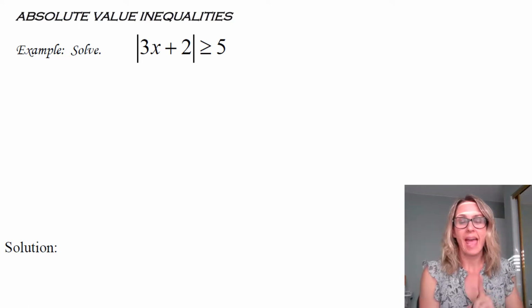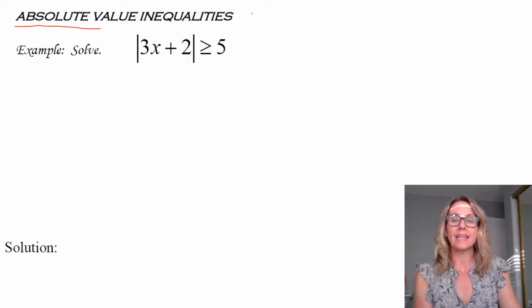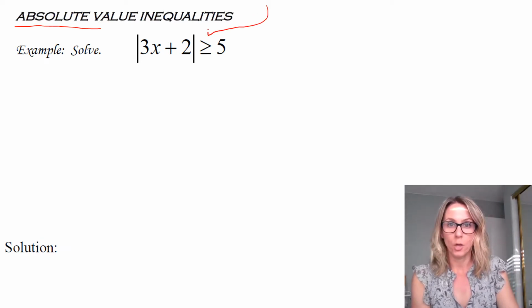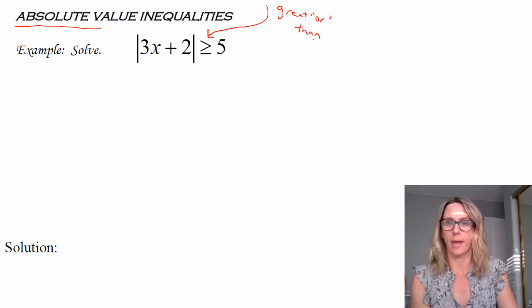So this is just the end of our inequality section here, specifically talking about absolute value inequalities. The way to think about an absolute value inequality is this. Notice what sign you have. Think about this as "greator than."